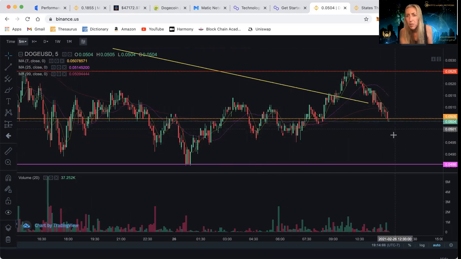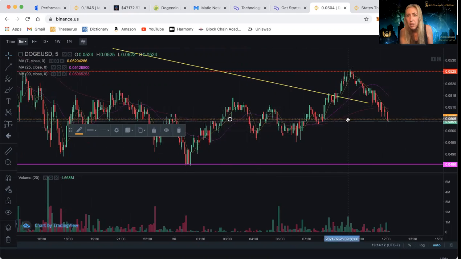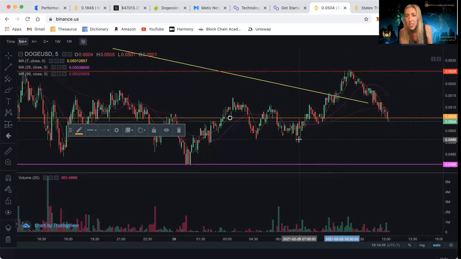It's gone below this support line. So already, the support line that was right here, it looks like we could go to the next support line of 0.496, where we were at only a number of hours ago.